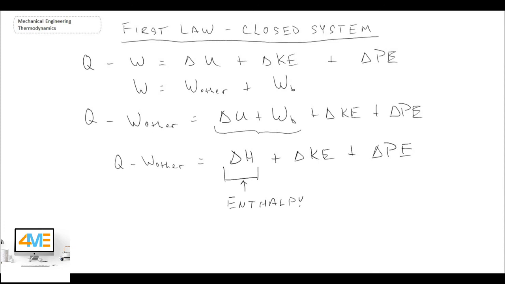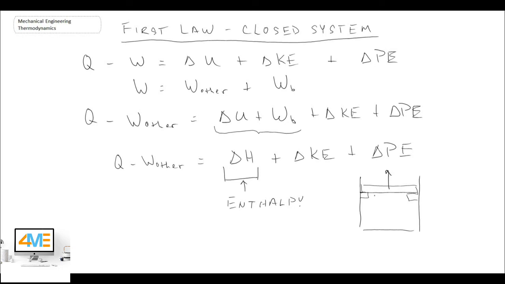So on some problems that you may be examining, let's say you have a piston cylinder device like this and you have mechanical stoppers here. And then you have your cylinder, and if the piston is moving up, it is doing boundary work because it is encountering a pressure in order to move and change the volume.